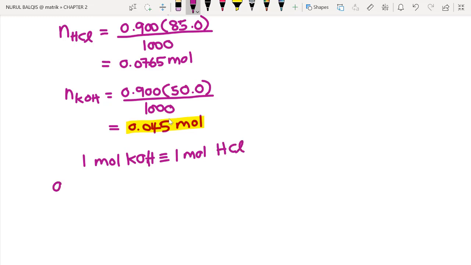If we have 0.045 mole KOH, we also need 0.045 mole of HCl.